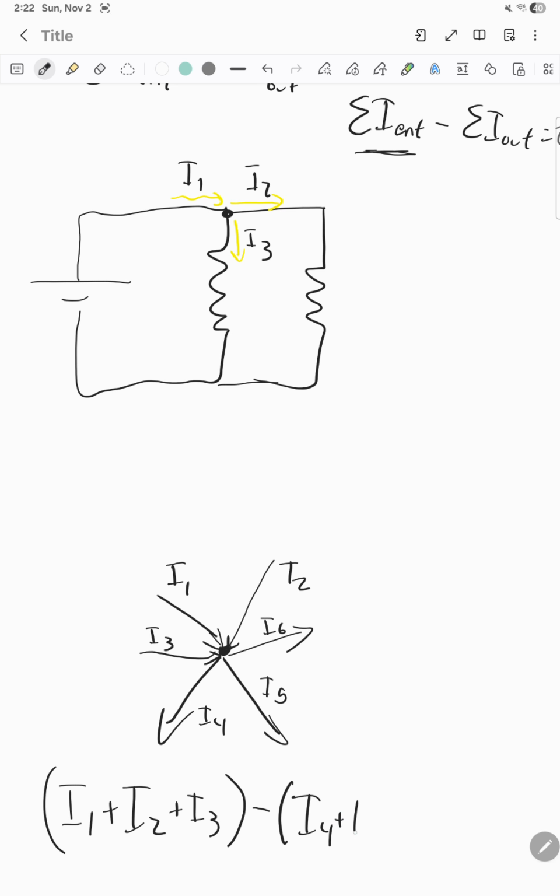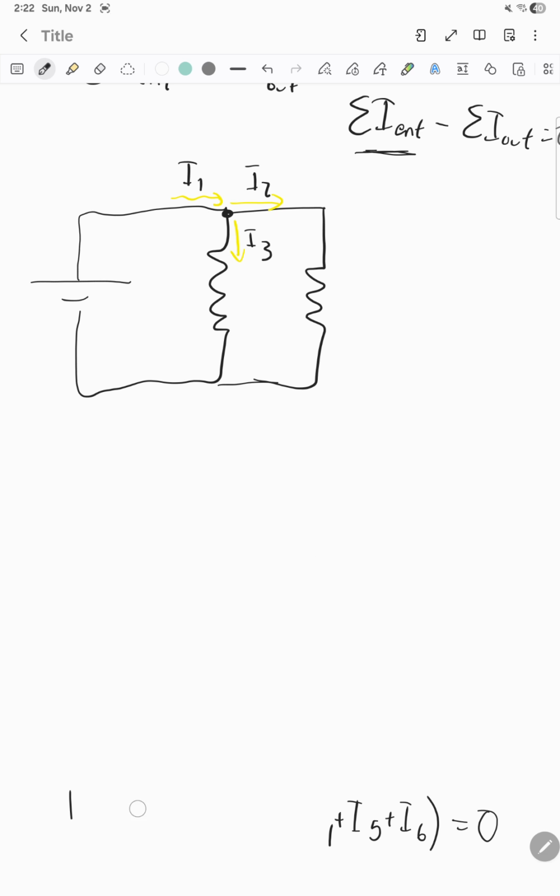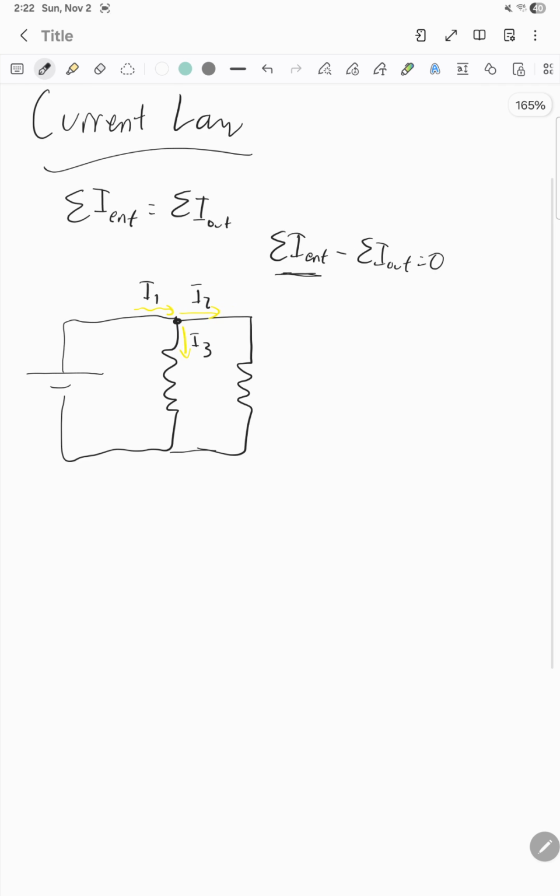And then we add I5 and I6, which will be equal to 0. So that is Kirchhoff's current law. And his second law, Kirchhoff's second law, is the voltage law.